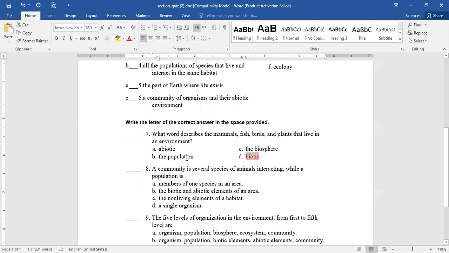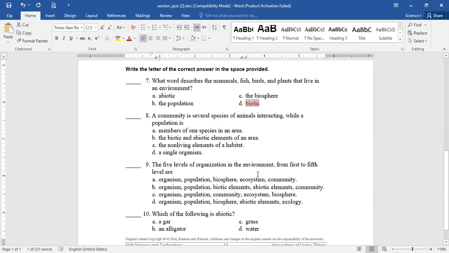I can't say population. It must be populations because population must be a group of the same species. Mammals, fish, birds are different species, so I couldn't consider them one population. But all of them are living, so we call them biotic factors. So question number 8: a community is several species of animals interacting while population is.